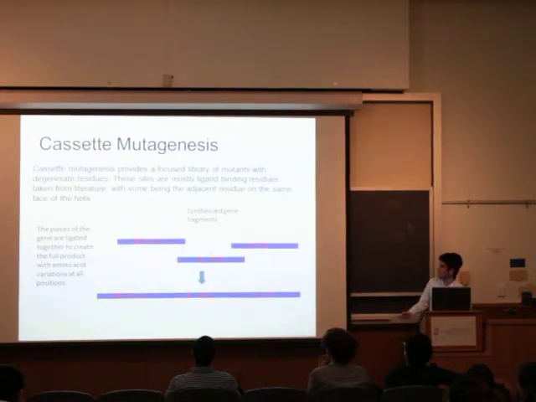So cassette mutagenesis, and the idea here is that if you focus on the areas in the genetic sequence of the GPCR that are known or thought to interact with ligands, you can introduce variations there, and then you develop a more focused library to work with that you can then screen using that selection mechanism described earlier.